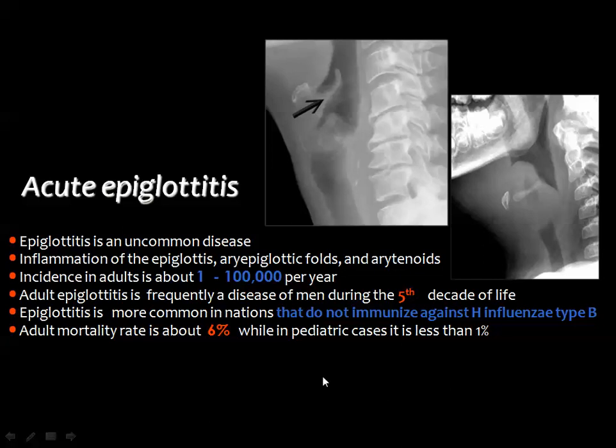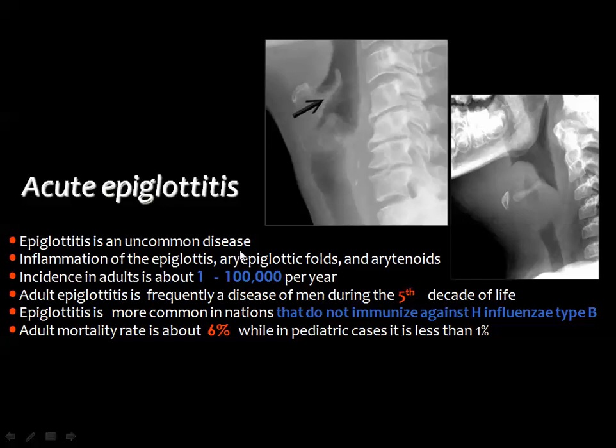It is more common in countries where they do not immunize against Haemophilus influenzae. And the mortality rate of epiglottitis is in the range of 6% in adults, while it is less than 1% in the pediatric population.